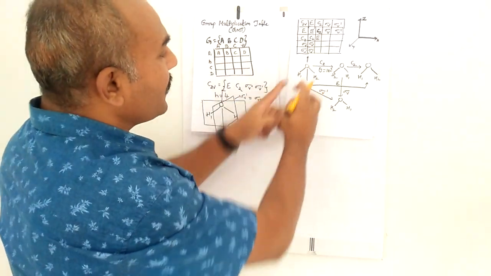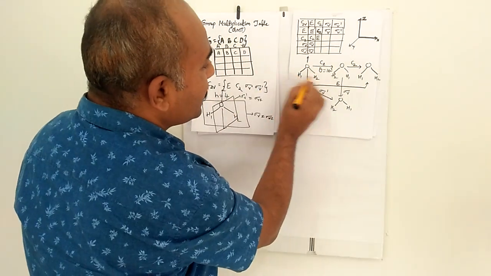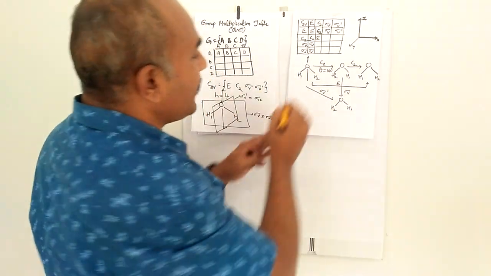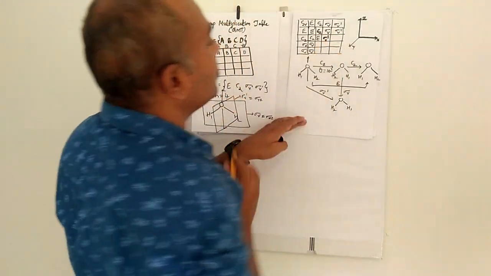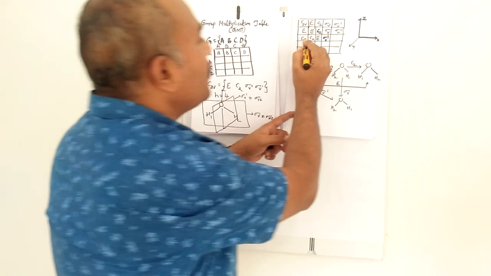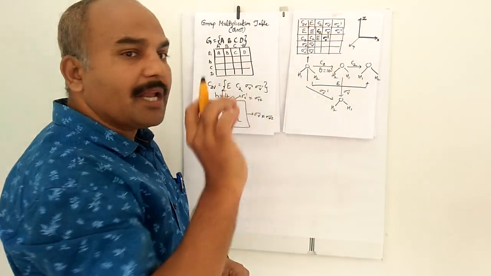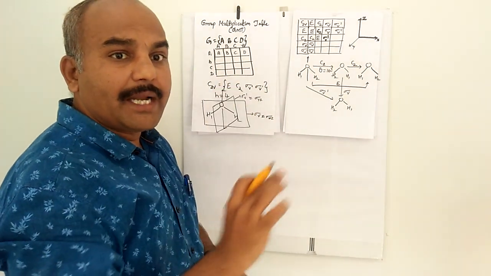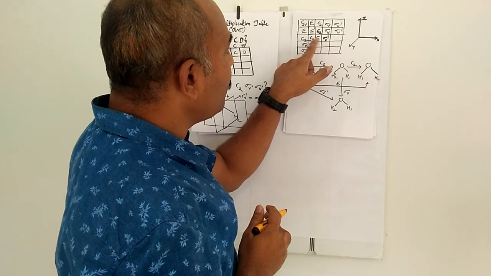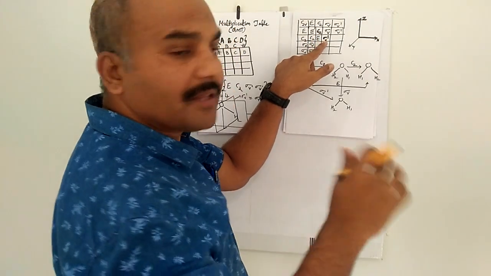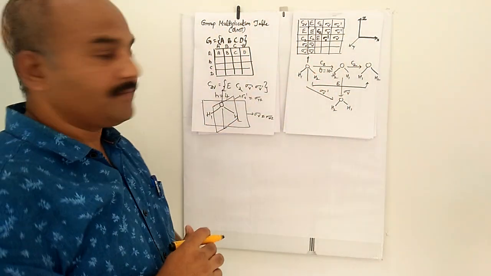Sigma V dash passes the vertical plane through the oxygen and takes the reflection, so both H2 and H1 exchange each other. So C2 followed by sigma V, the answer is sigma V dash. Then, as I already told, each row and each column lists the elements of the group one and only once, there will not be repetition. Since 3 elements are already in this row, C2, E, sigma V dash, the remaining element is sigma V. Without a cross check we can write it here.